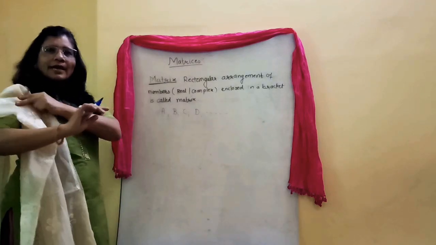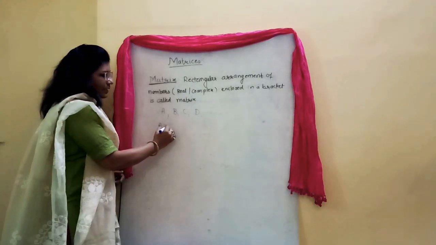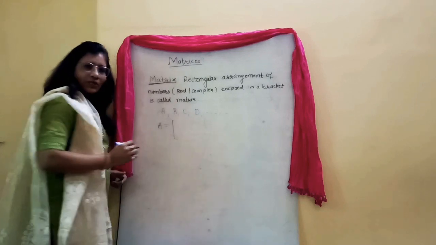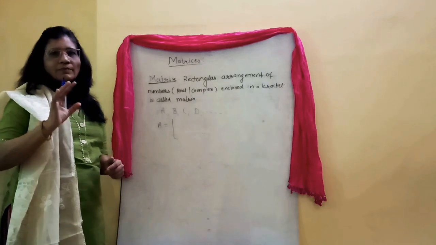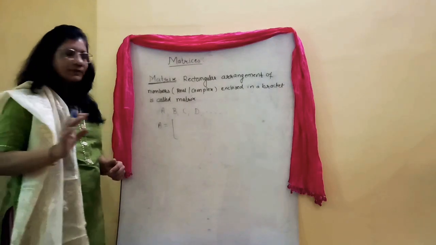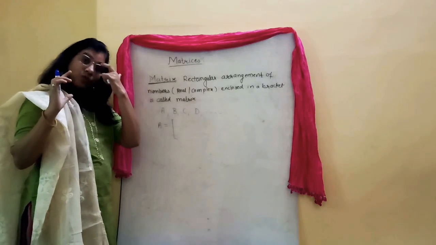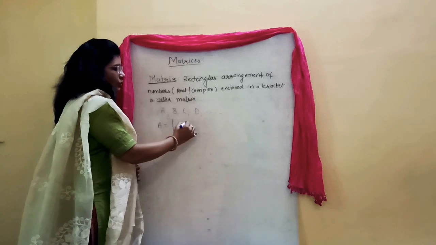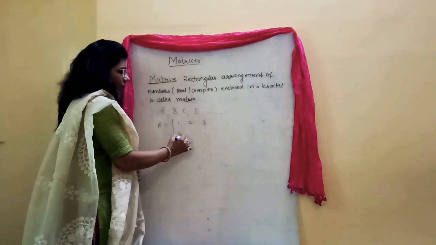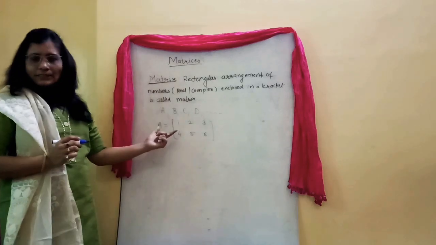Now, how to write the matrix? Suppose A is a matrix, then it is a rectangular arrangement, meaning it has some number of rows and some number of columns, and all these numbers are enclosed in a square bracket. For example, A is equal to, suppose, 1, 2, 3, 4, 5, 6. So, this is a matrix.